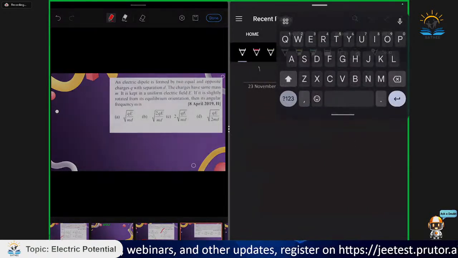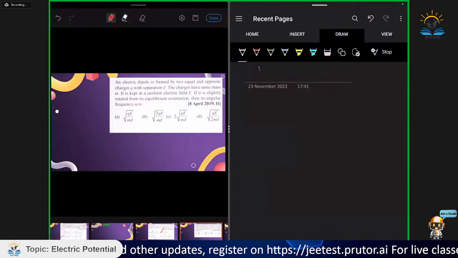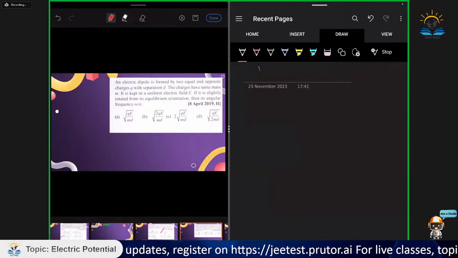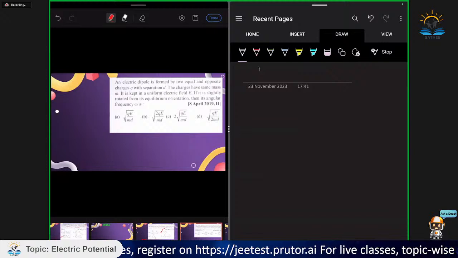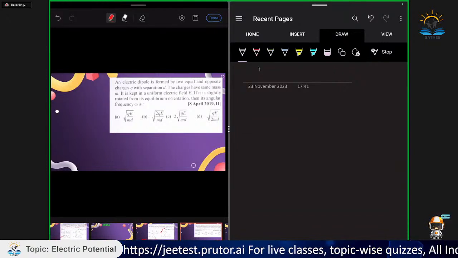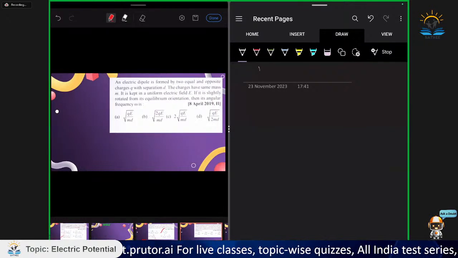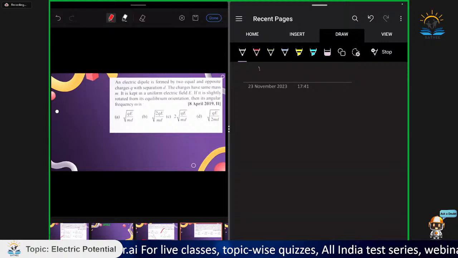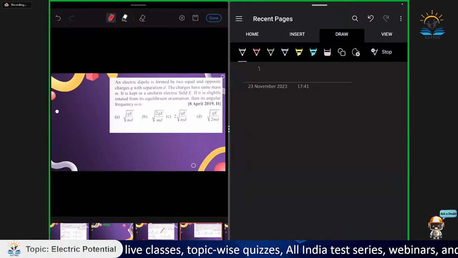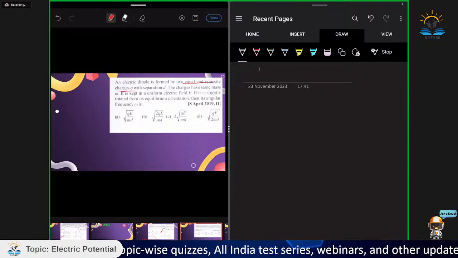This is our next question. We know that the time period for small oscillation is 2 pi root of I by PE. For this question, an electric dipole is formed by two equal and opposite charges q with separation d.